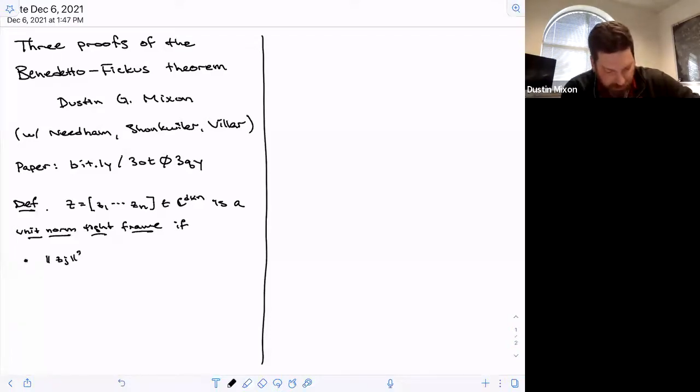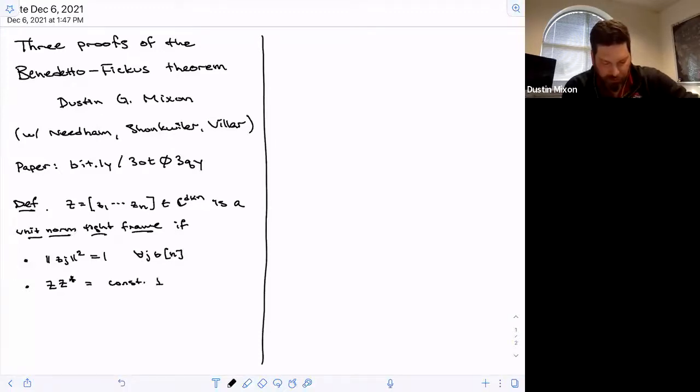That's saying that all of the columns have unit norm, go figure. And then secondly, if I take my short fat matrix and multiply by its conjugate transpose, I'll get some constant multiple of the D by D identity matrix. I want you to think of this as an isotropic sample of the sphere.